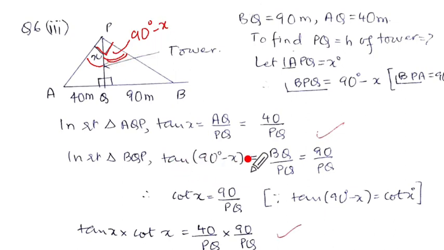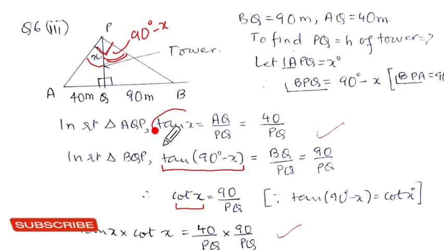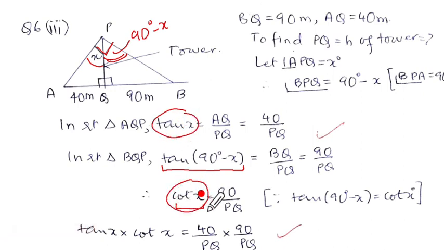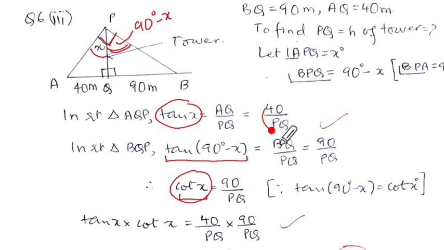So tan(90 degrees minus X) will be equal to BQ upon PQ, which is 90 upon PQ, correct? Now tan(90 minus X) becomes cot X. And what is the connection between tan X and cot X? Tan into cot will be equal to, substitute this multiplied by this. Can you see this? So it becomes 3600 upon PQ square, correct?